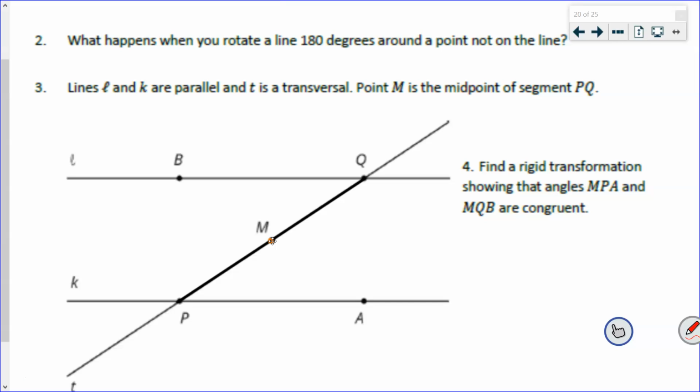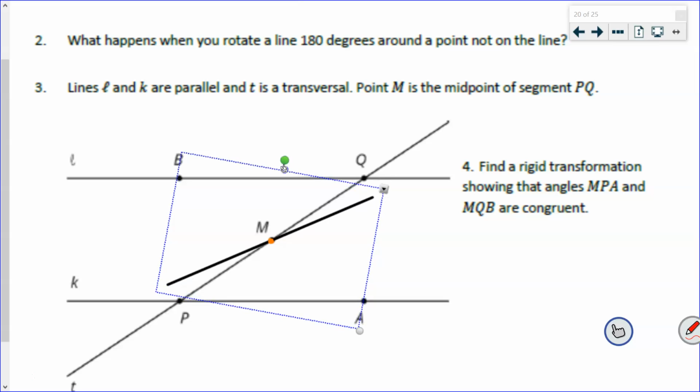And what happens when I rotate a line segment 180 degrees around its midpoint, Tyson? Well, that is true for the next question when we're using the whole diagram. If all I have is just this segment, I won't have those parallel lines line up just yet.